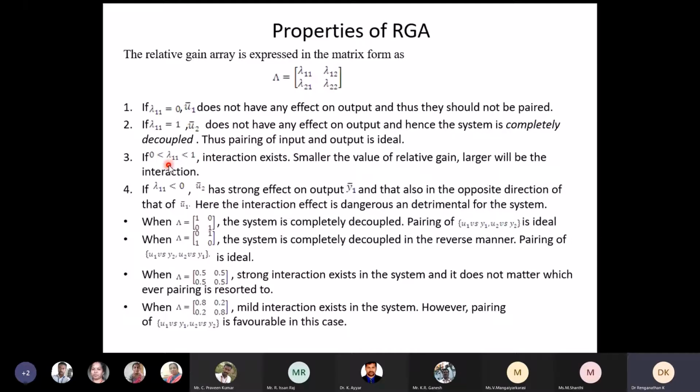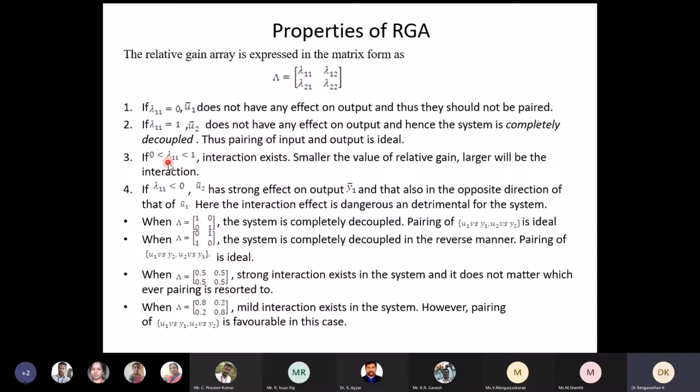That's why the advantage of the relative gain array is very much essential for us to identify whether the system is completely decoupled or weakly coupled, because whenever process interaction occurs, you have to understand that a single controller cannot take care of the process interaction. So what we do here is decouple the system and then apply the controller. That will be a better method when we go for effective control.